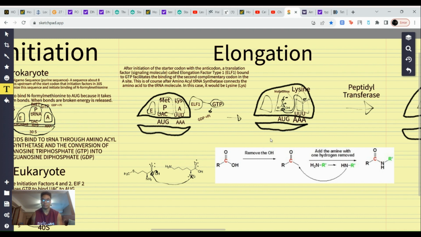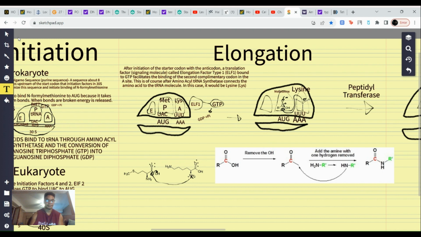I'm going to read the summary and then I'm going to explain it. After initiation of the starter codon with the anticodon, because that's what initiation is, basically lining up the process, a translation factor, a signaling molecule called elongation factor type 1, bound to GTP, facilitates the binding of the second complementary codon in the A site.